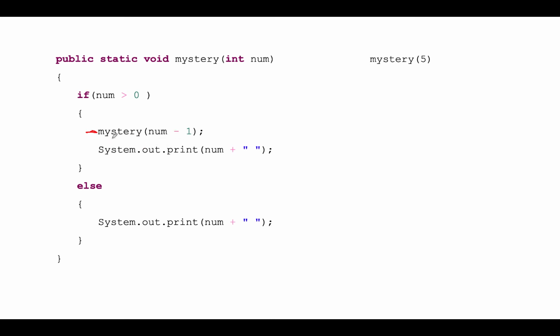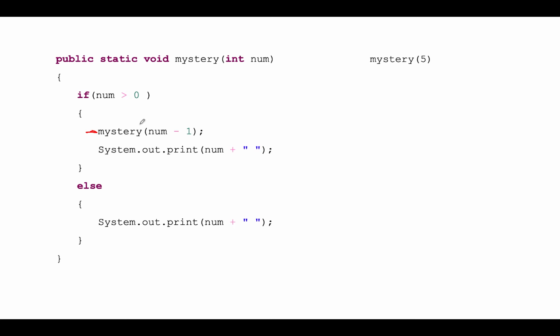Inside the if block, this recursive call is going to pass in num minus 1. So if we start with mystery 5, then this recursive call is going to call mystery 4, and that 4 gets passed in here.